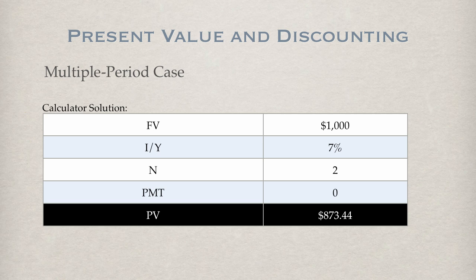Using these assumptions, we arrive at the present value of $873.44 by utilizing our calculators. This is the amount that we need to invest today to have $1,000 2 years from now while earning 7% on our investment. You might have noticed that your calculators yielded an answer with a negative sign in front of it. This is something that the calculator is required to do and is discussed further in the calculator tutorial.